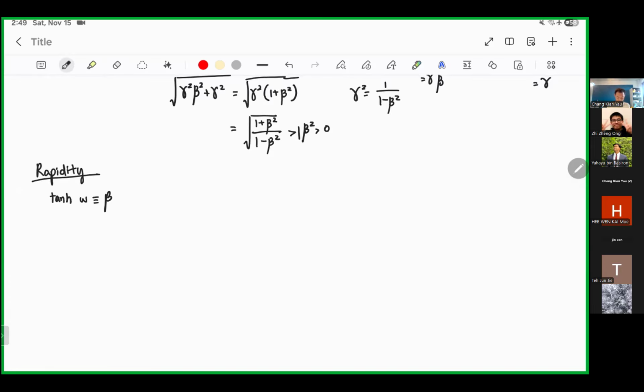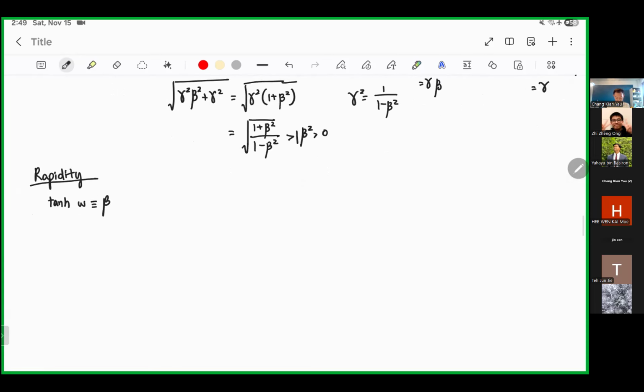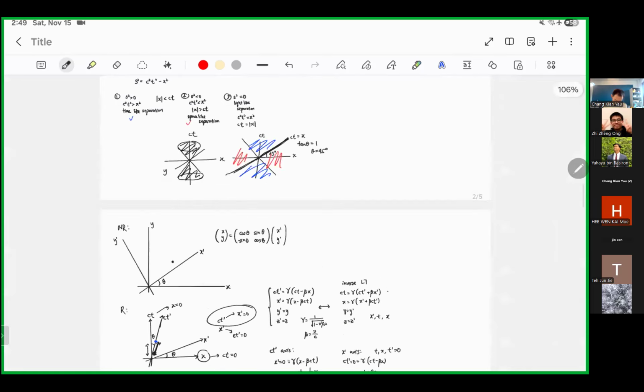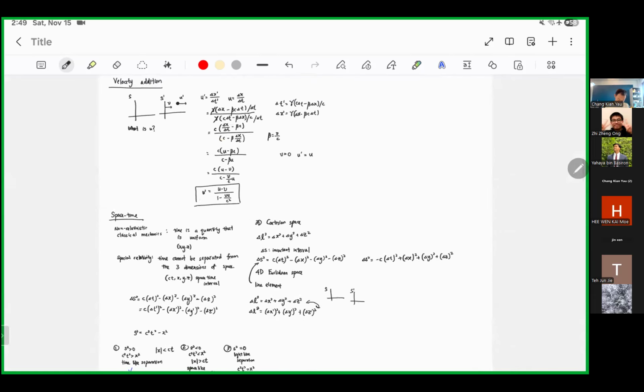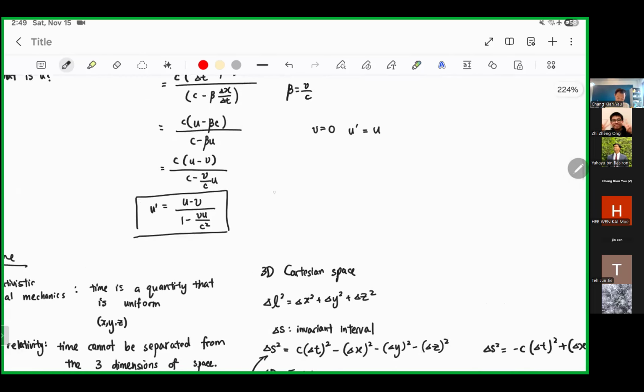Why is this? Let's look at it this way. You remember you have a velocity addition formula somewhere here. You can also write out another velocity addition, if I switch these frames, I will have u plus v divided by 1 plus u prime v divided by c squared.